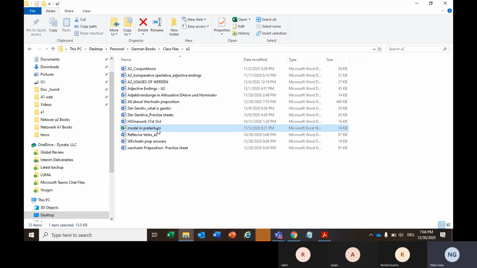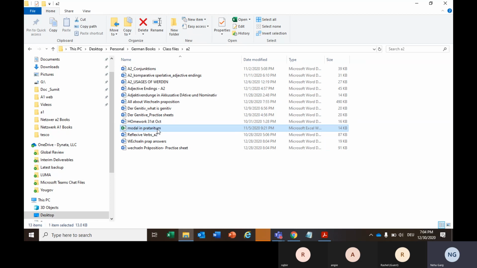Haben and sein are basically present tense, but what they become in past tense, that is something we'll learn. The list of grammar topics is pretty short compared to A1, but the complexity is a little on a higher side. If you pay attention and practice more, you'll be able to understand it well.